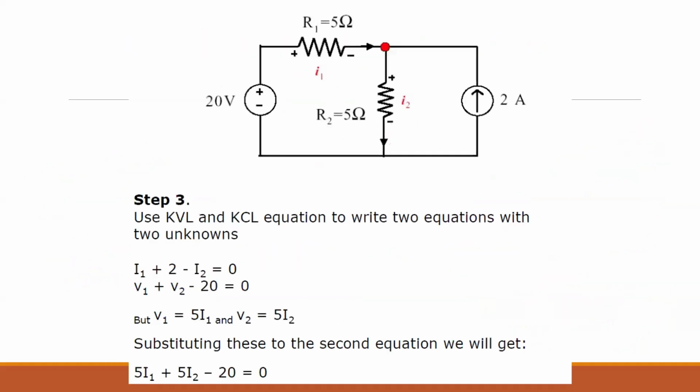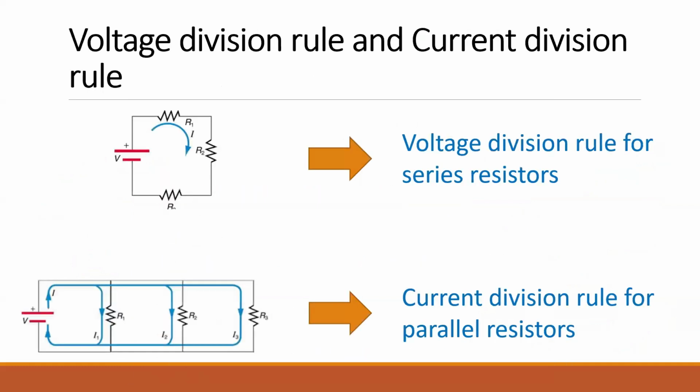Okay, so we have one more theory part, which is very important again. Voltage division rule and current division rule. So voltage division rule we can apply when we have resistors in series. We know when the resistors are in parallel, voltage is the same. But when the resistors are in series, the voltage across these 3 resistors will be different.